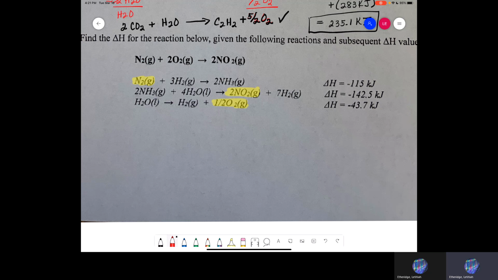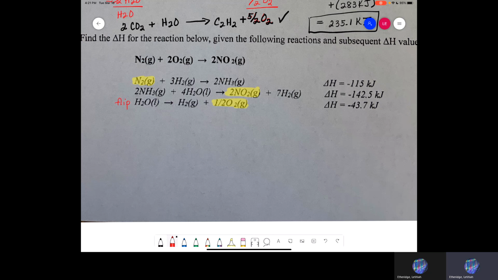Now, this last one is going to be quite a problem. All right. So here's the deal. We have half an oxygen, and in the original equation, we have 2 oxygen. So first thing, the coefficients are not the same. Second thing, they are on the wrong side of the equation. So the first thing I know that I need to do is flip this equation, because I need that oxygen to be on the reactant side instead of the product side.